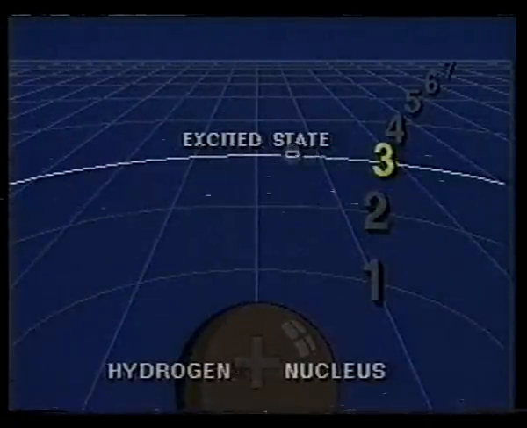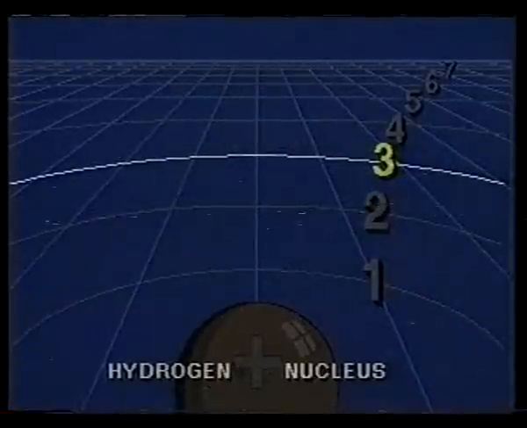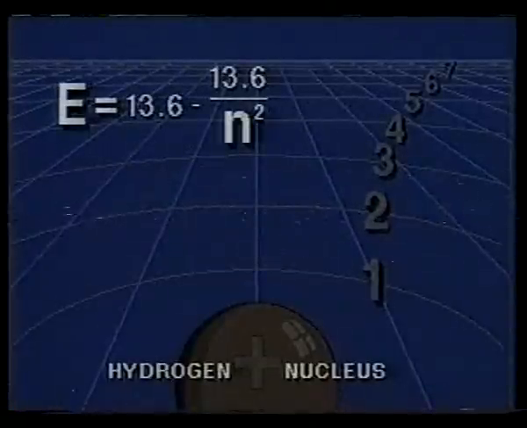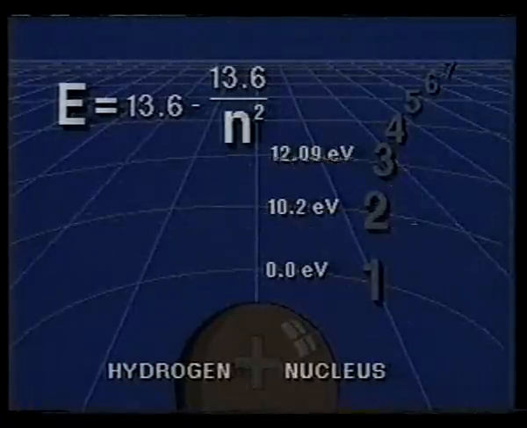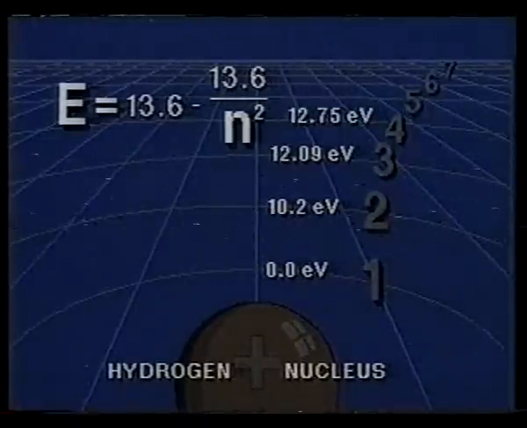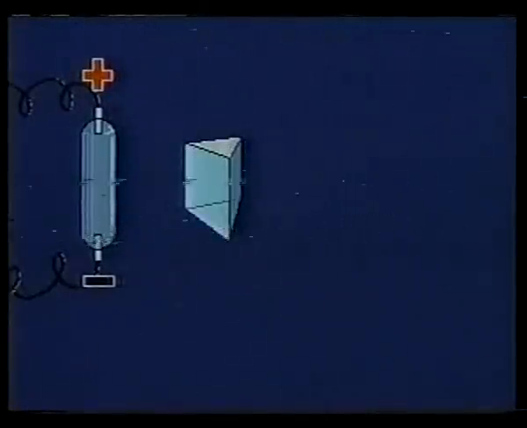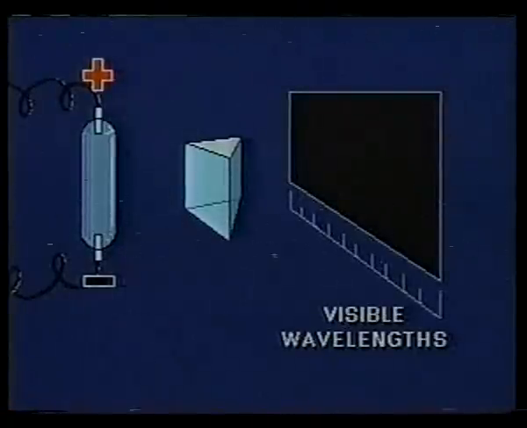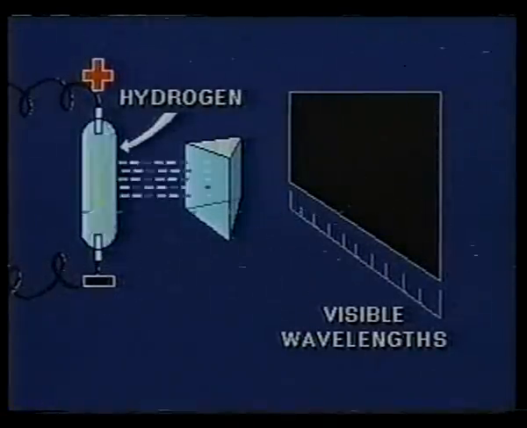Bohr explained how atoms emit radiation based on the energy level of an electron in each orbit, and used these values to predict all possible frequencies of radiation for a hydrogen atom. Bohr's predictions could be put to a practical test because detailed observations had been made of the frequencies emitted when hydrogen is bombarded with electrons in a discharge tube.